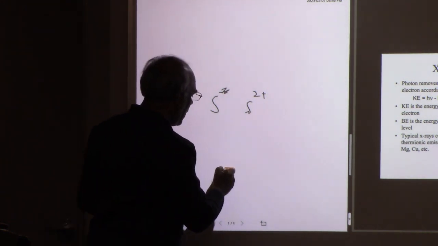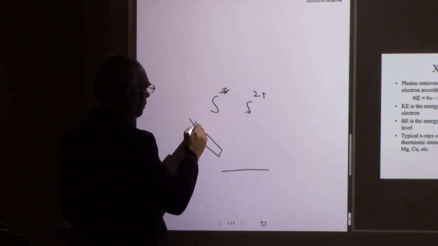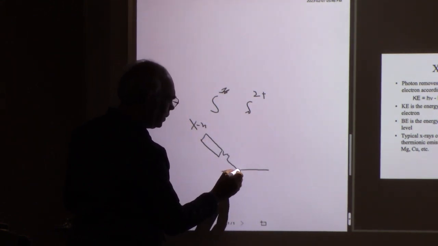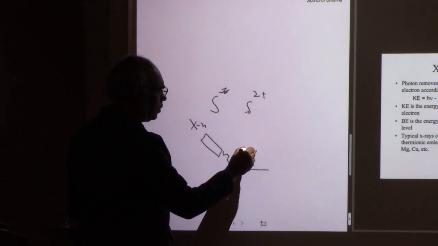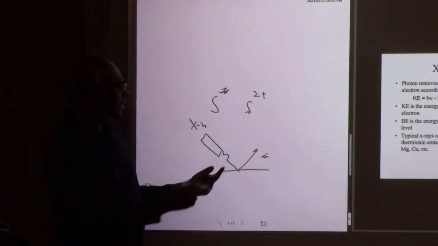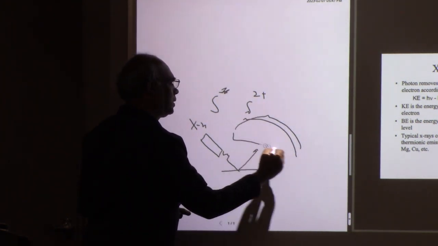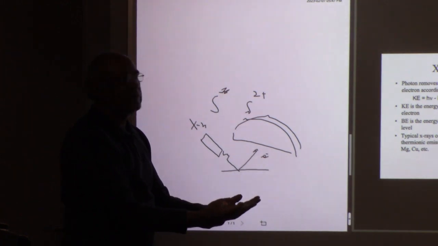You have your sample here, then you have the X-ray source here. You shine onto the sample, then what comes out is the emitted electrons, right? That's photoemission. Then you have a detector, typically a hemispherical detector.